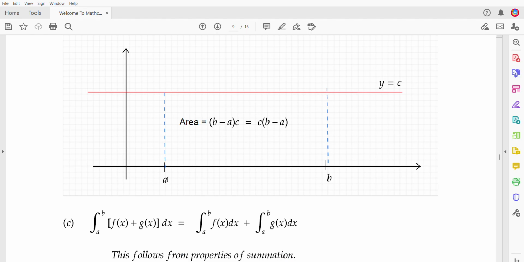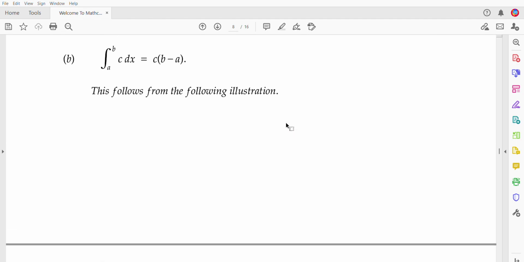But because this is a constant function, what we get is a rectangle. Area of this rectangle is width times height. Height is c, width is b minus a. So, area is (b minus a) times c or c times (b minus a), which is what we claim.